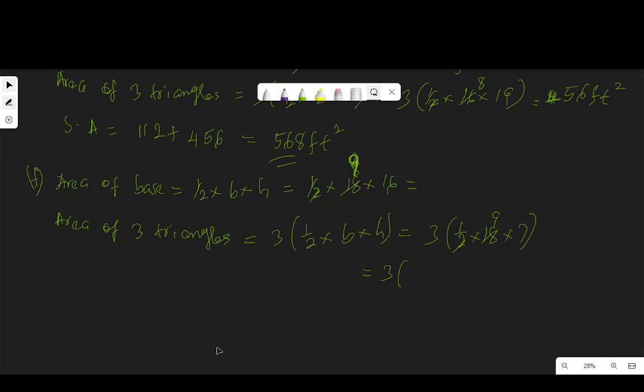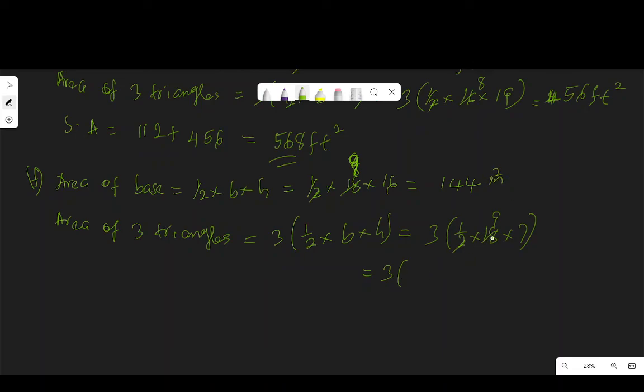So 9 times 16 right there is 144 inches square.